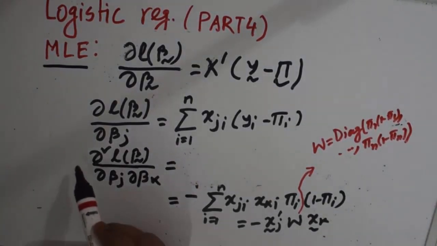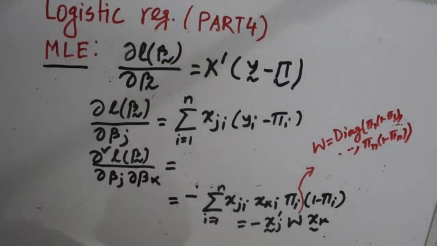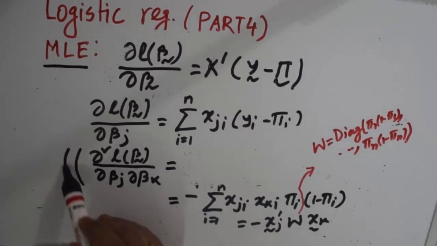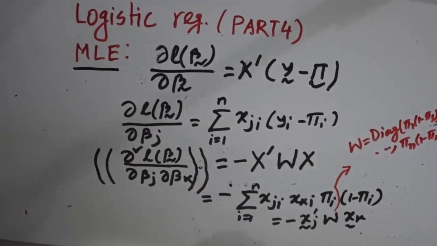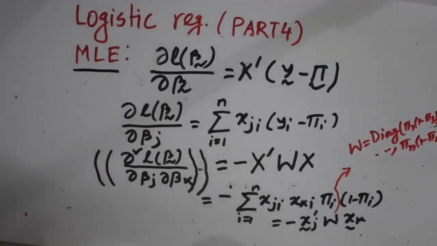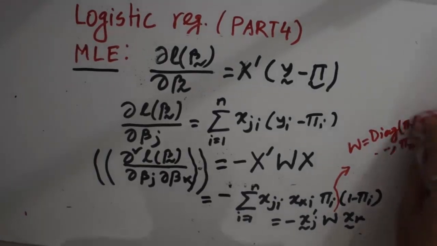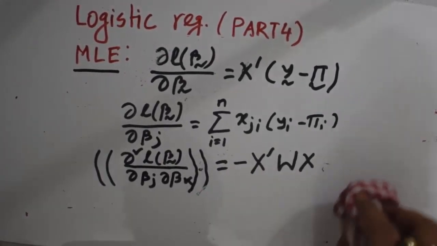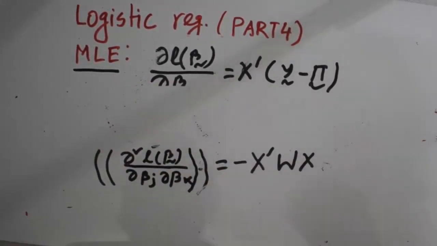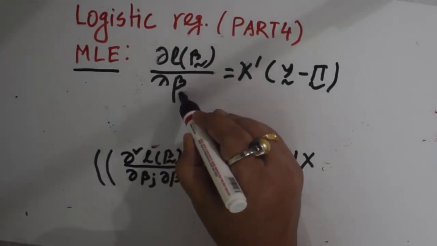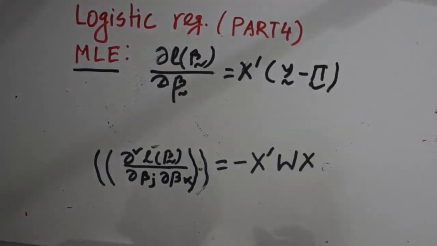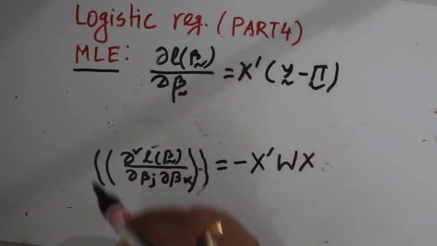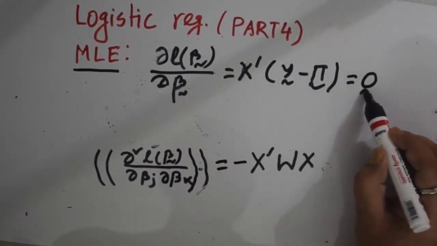So if you compute for all j, k, then you get a matrix of order... Now this is equal to 0.